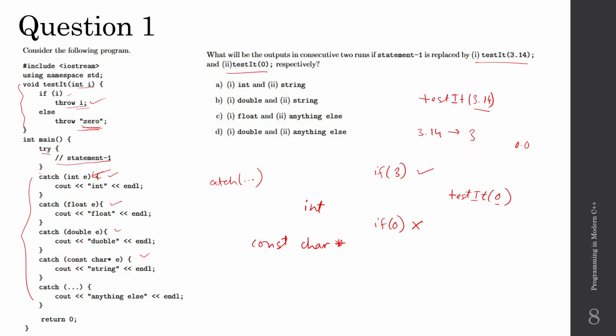So in the hierarchy, we will see that it matches with this catch block. So this will be printed, and the output will be int and string. So anybody has any questions on this?